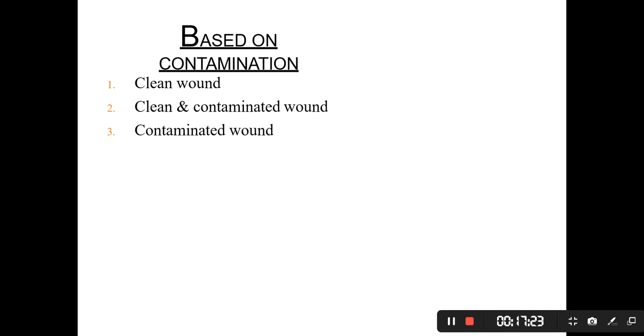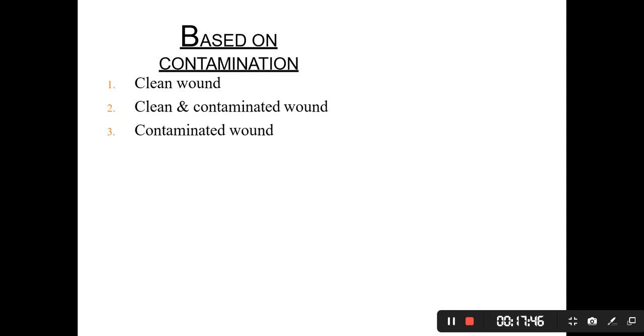Second type is how dirty the wound is. Either it is a very clean wound, and a clean wound is generally the scalpel cut in an operation theater, which is considered a clean wound. A wound that is infected due to glass is considered a clean wound.